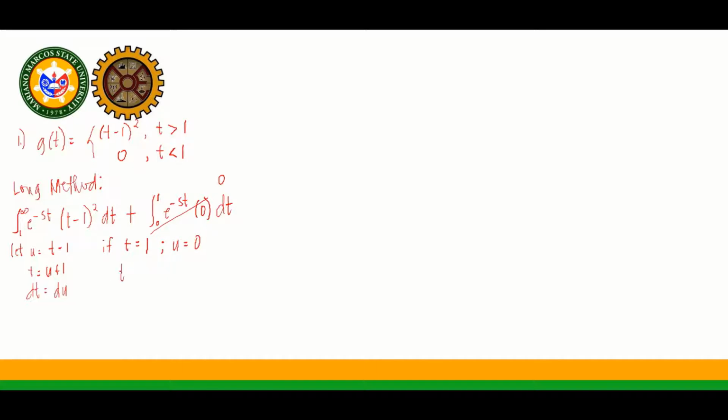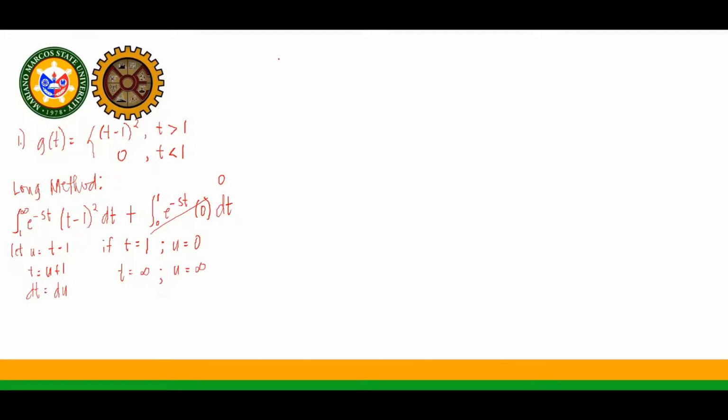And if t is equal to infinity, our u is equal to infinity. That's why yung limits natin dito, pwede nating palitan ng 0 and infinity pag pinalitan na natin yung function natin with respect to u.